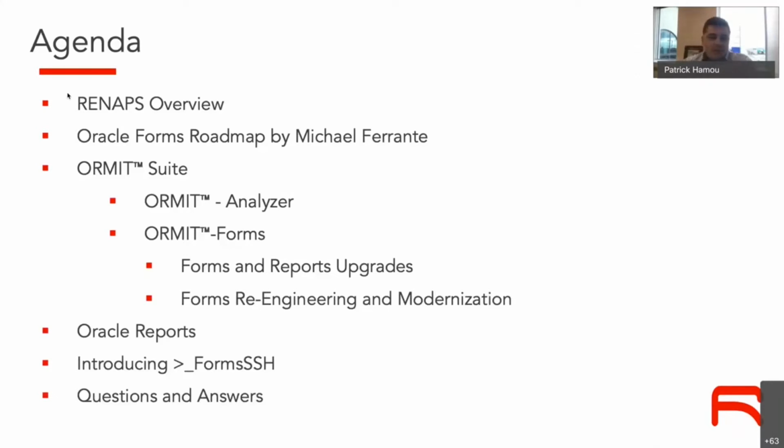Then we'll jump into the ORMIT suite, covering a few aspects of the ORMIT Analyzer and ORMIT Forms, and look into upgrading and modernizing applications. We'll touch on the subject of Oracle Reports and what to do with customers that still have reports. And we'll also introduce the new terminal for Oracle Forms.